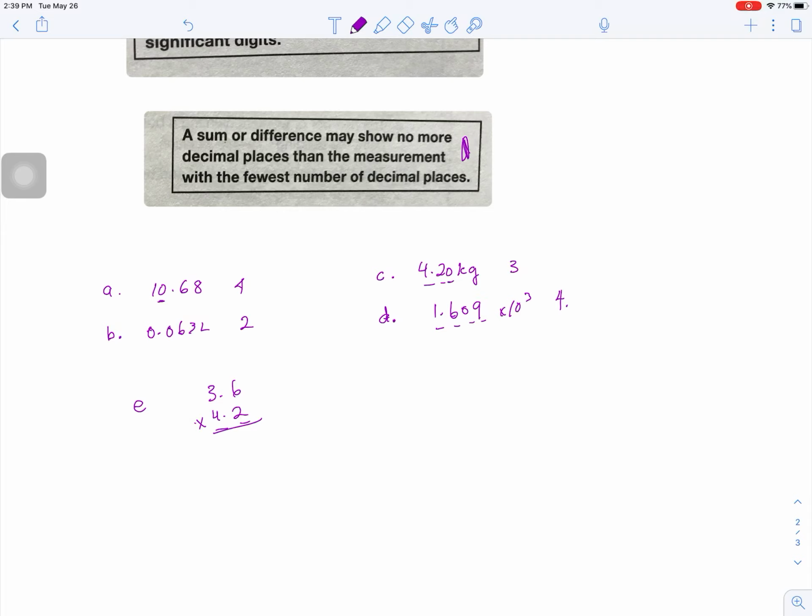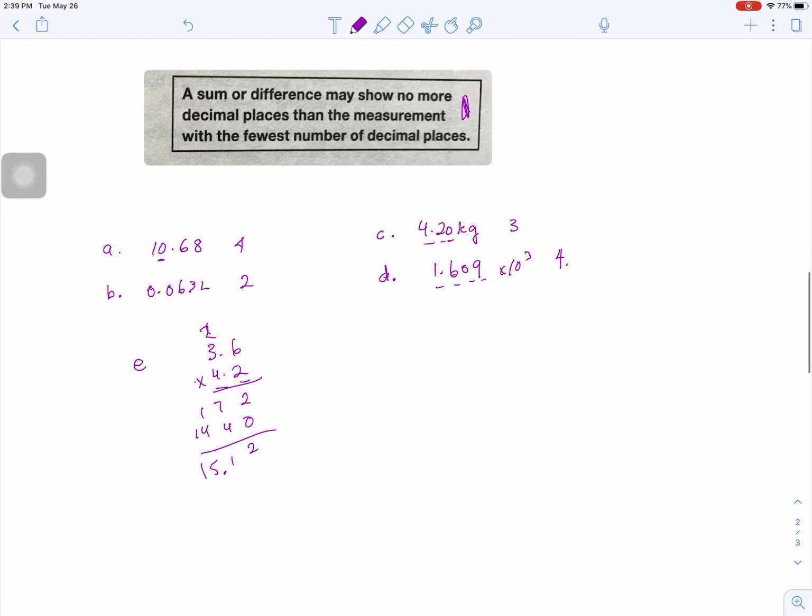So we do our multiplication, and we get 15.12. But we only have 2 significant digits, so our answer will be 15.